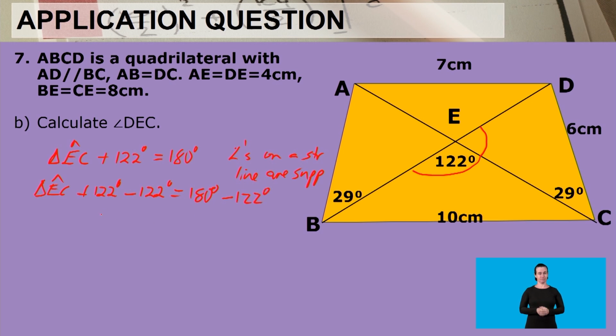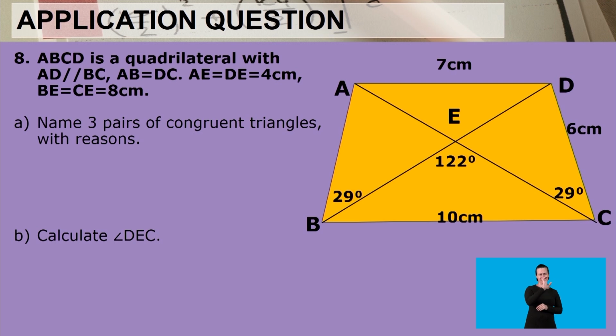And therefore, angle DEC would be equal to 180 degrees minus 122 degrees, which would give us 58 degrees. So our value of angle DEC is 58 degrees. Right, let's look at the next question.